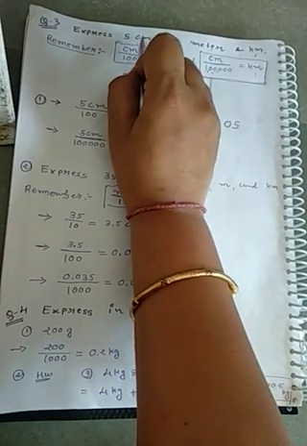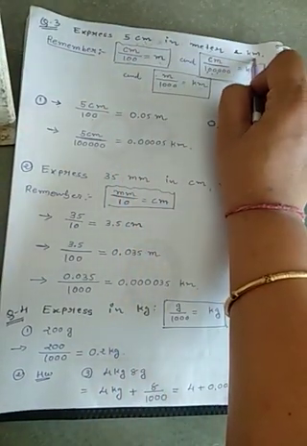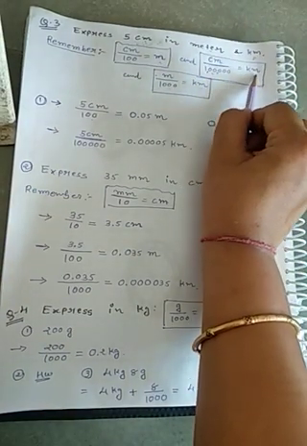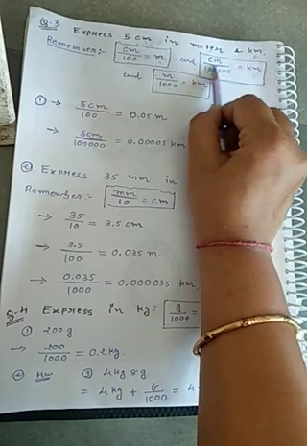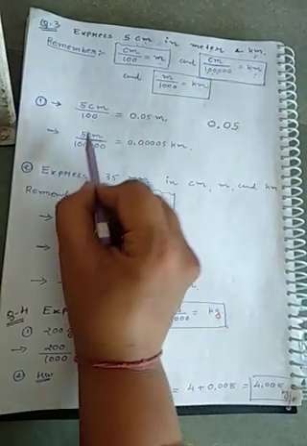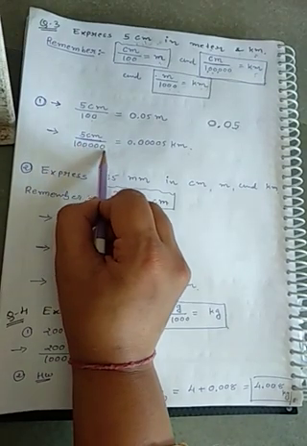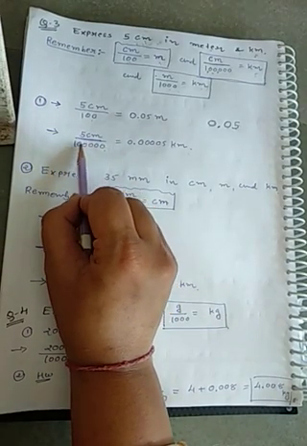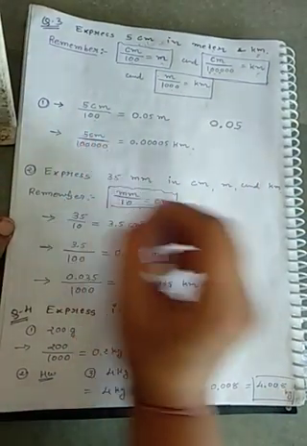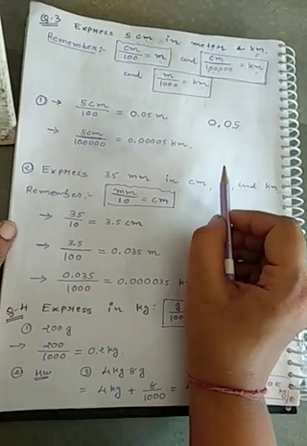Next is we want to convert this centimeter into kilometer. What is the relation? Centimeter into kilometer. So centimeter divided by 1 lakh is equal to kilometer. Okay, 5 centimeter upon 1 lakh. Now how many zeros are there in denominator? 5 zeros. So before 5 digit decimal point will come.